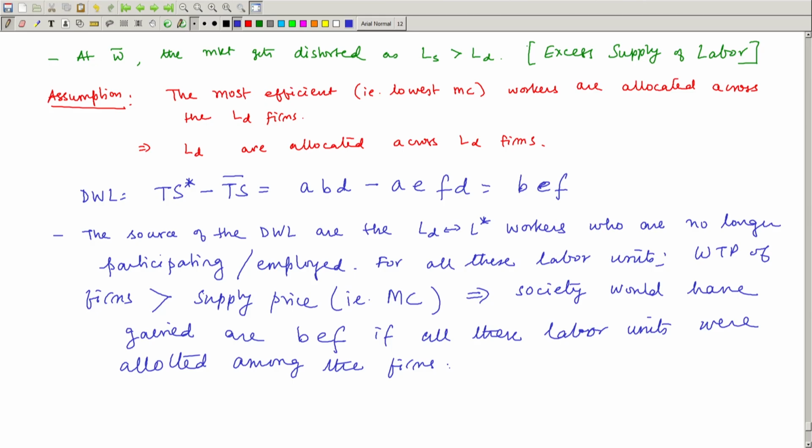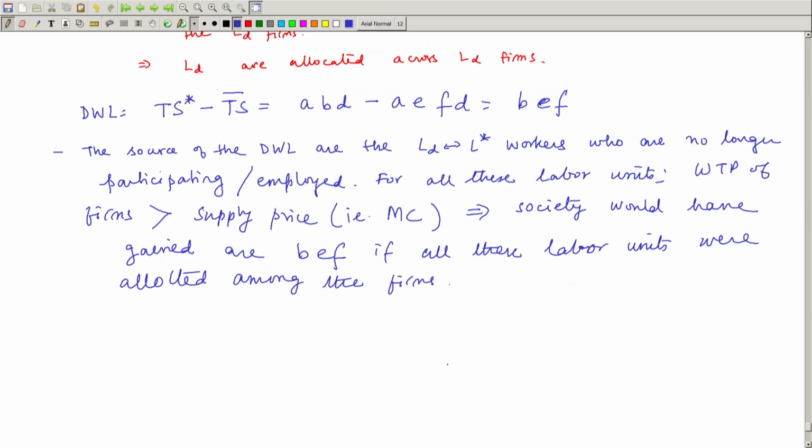right. If all of these units were participating, then society would have gotten the area, but they are not participating because of the presence of the price floor, which means that there is a deadweight loss equal to the area B, E and F, right.